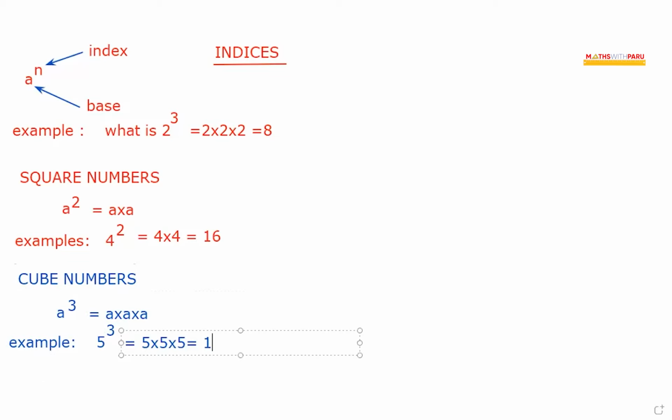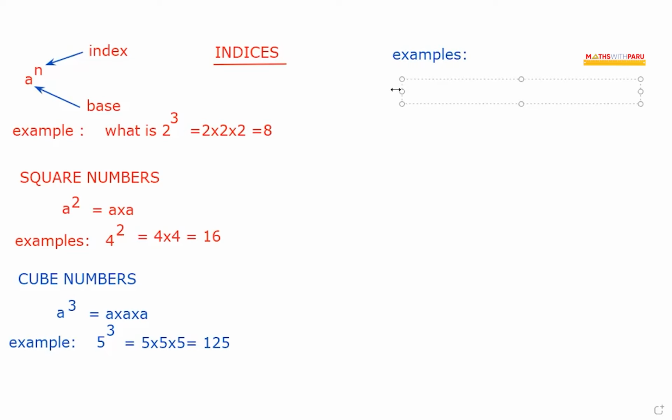Now, let's take a few examples. Supposing I ask you to give me the square number of 5.